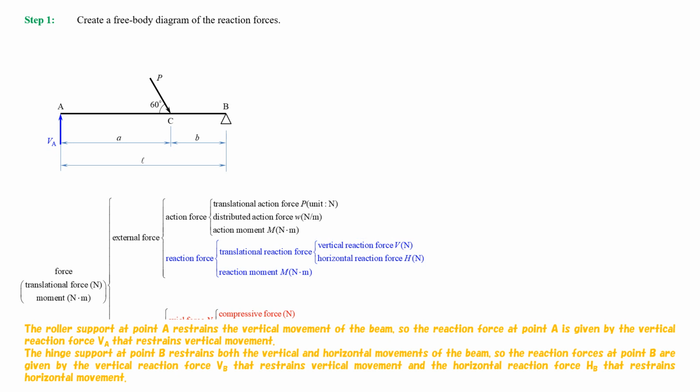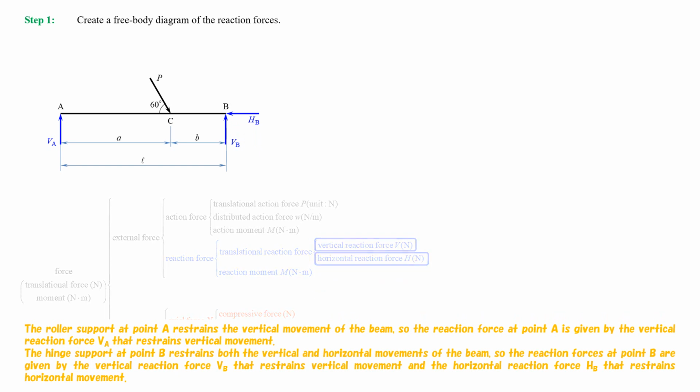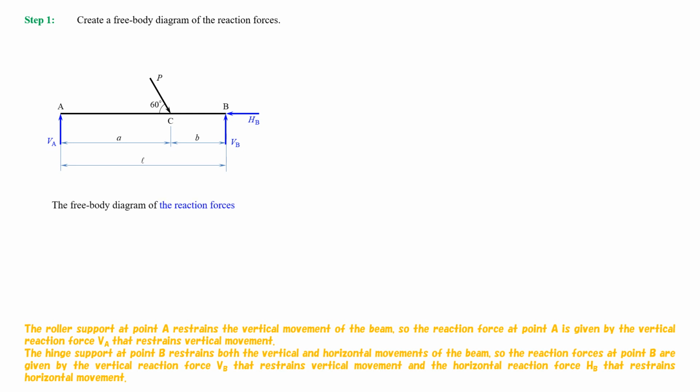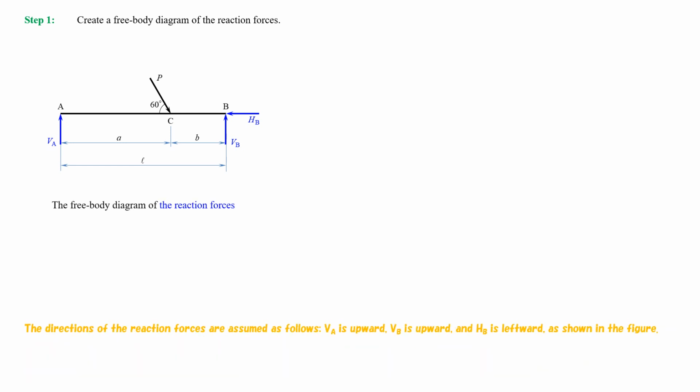The hinge support at point B restrains both the vertical and horizontal movements of the beam, so the reaction forces at point B are given by the vertical reaction force VB that restrains vertical movement, and the horizontal reaction force HB that restrains horizontal movement. The directions of the reaction forces are assumed as follows: VA is upward, VB is upward, and HB is leftward, as shown in the figure.